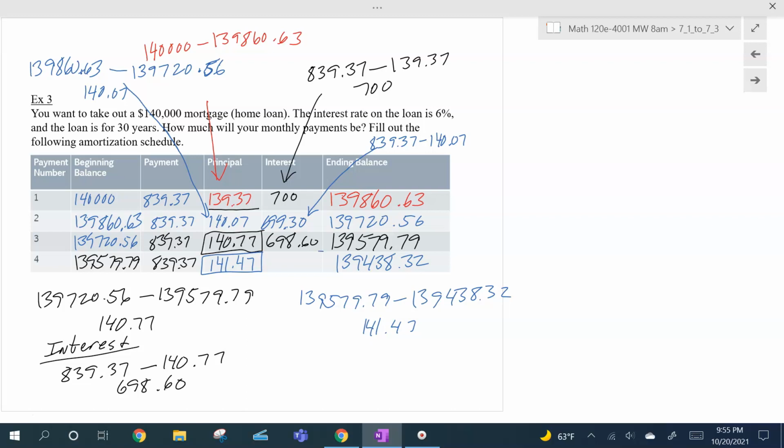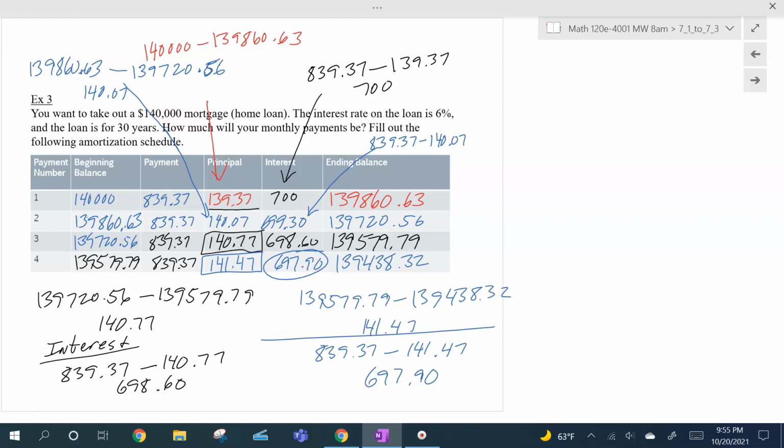So what's my interest? Well, I made an $839.37 payment. The loan only went down by $141.47, so $697.90 that darn bank gets to keep. Okay, so that's how you fill out an amortization table.